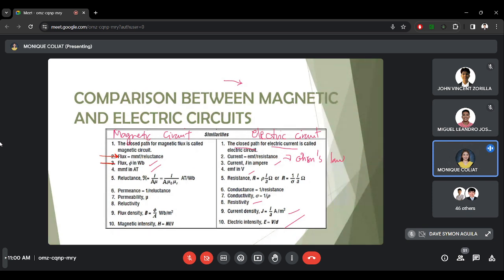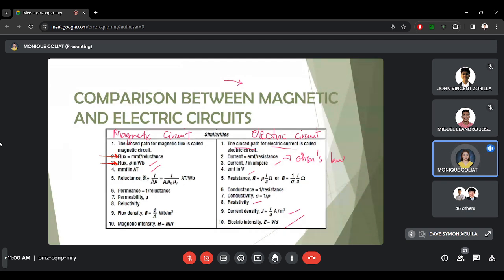Then, flux is in Weber, current is in ampere. MMF is in ampere turn, EMF is in volts. MMF is magnetomotive force, EMF is electromotive force.